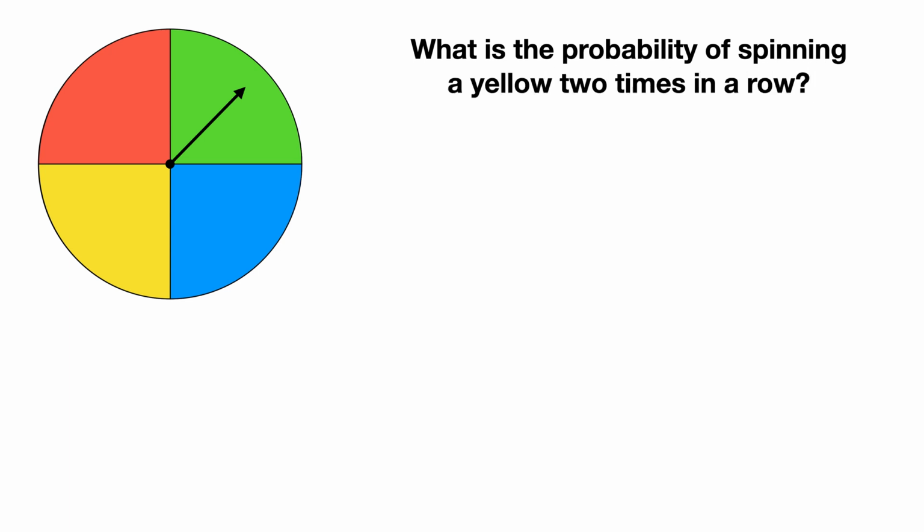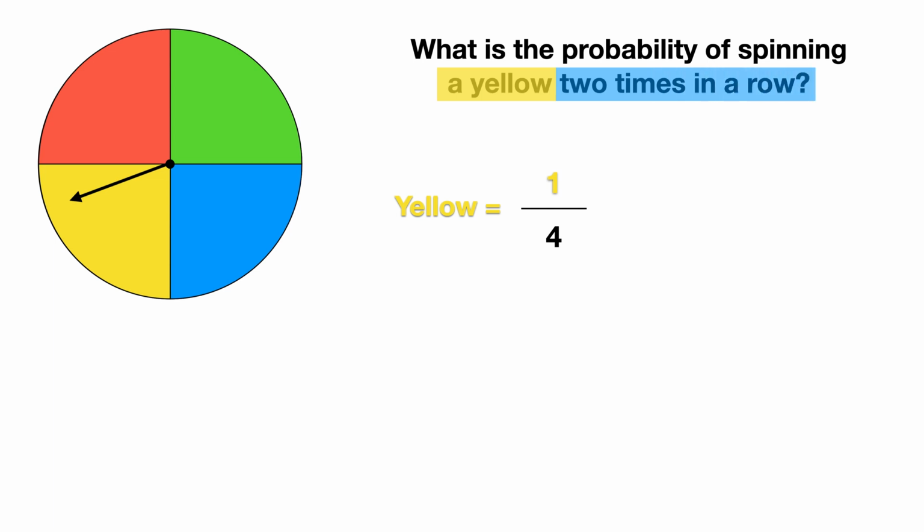Let's try another thing with a spinner. We have a spinner here, and the question is, what is the probability of spinning a yellow 2 times in a row? We're going to do the exact same thing. There are 4 colors there, so we have a 1 in 4 chance of spinning a yellow just 1 time. But the question asks for 2 times in a row.